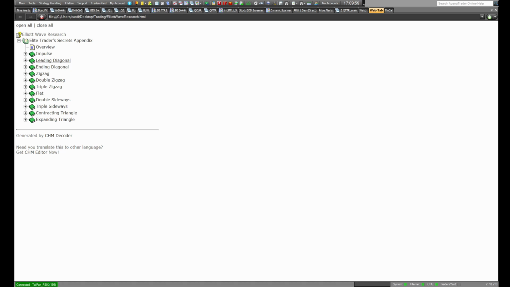But after these three, we have a lot of corrective patterns here. You don't need to understand exactly how this works. I don't want to dig too deep into Elliott waves now, but these are counter moves. They are going into the other direction. They are the corrective patterns. So this is important to understand, namely a zigzag, a flat, for example, some others as well. Some are more probable and some are less.